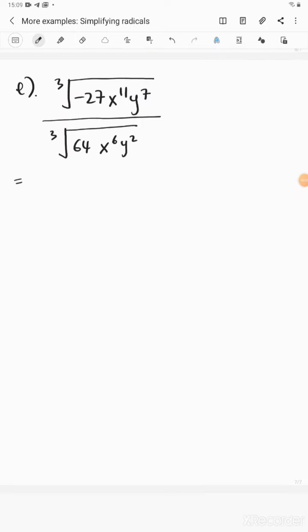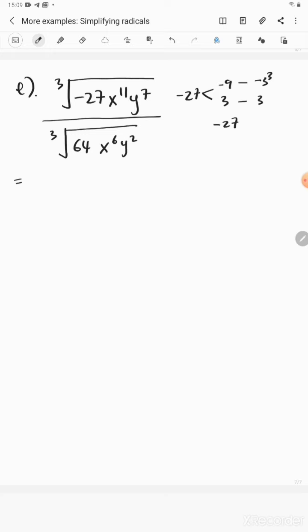Okay, this is the last example. So now we can see that we have cube root of negative 27, x power of 11, y power of 7 divided by cube root of 64, x power of 6, y power of 2. So now negative 27 is equal to negative 9 multiplied by 3, and this is negative 3 power of 2 multiplied by negative 3.